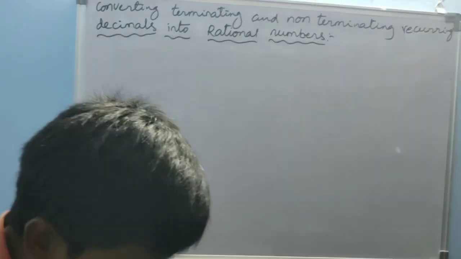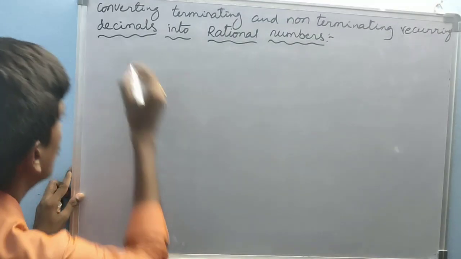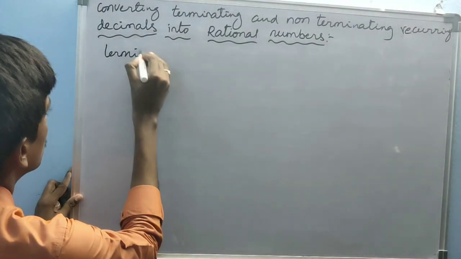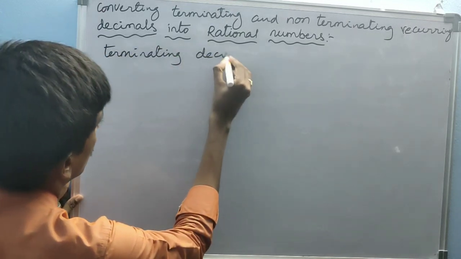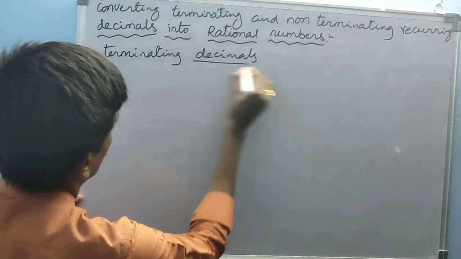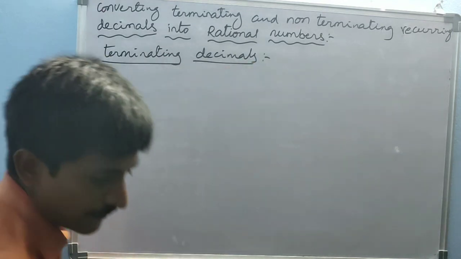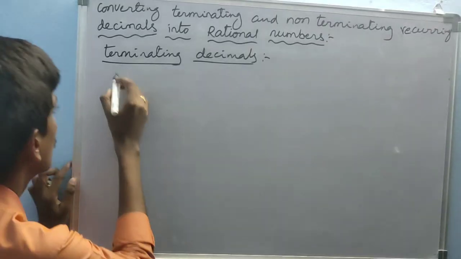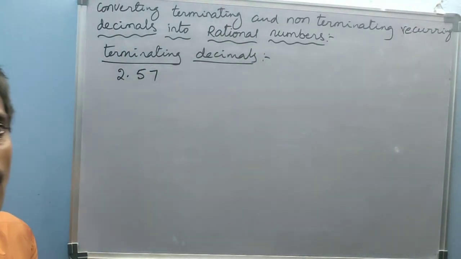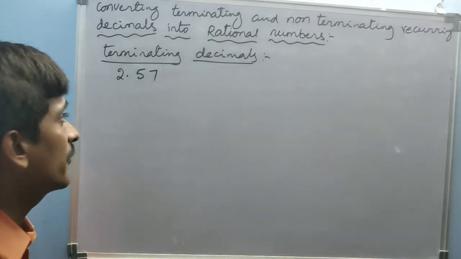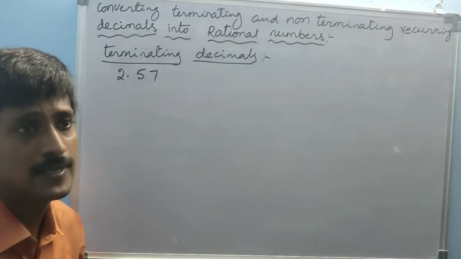Okay, first, terminating decimals. For example, 2.57. How to convert 2.57 into a rational number?